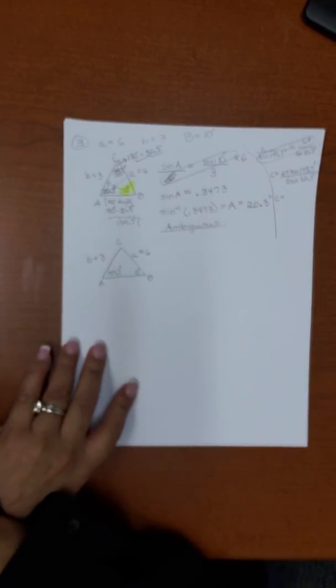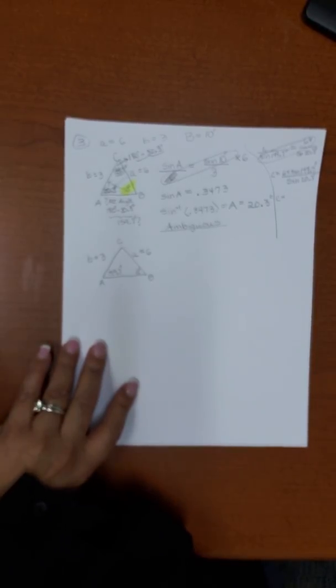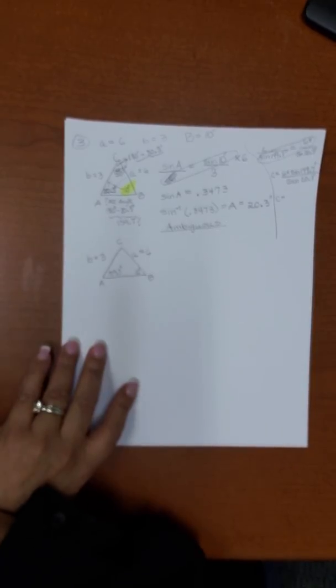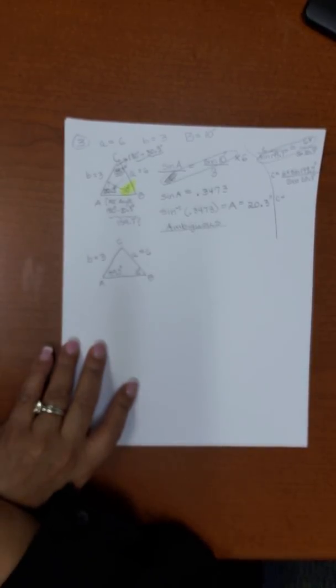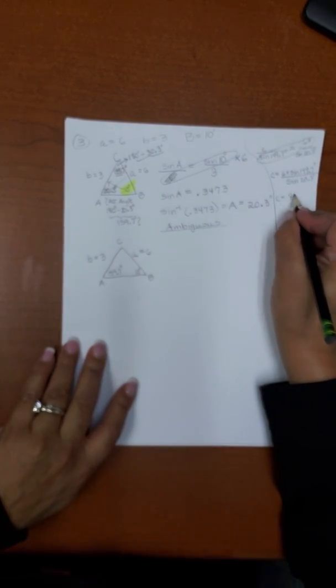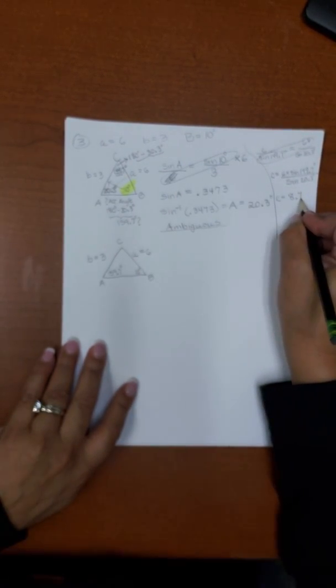Press that in again. 6 times sine of 149.7. That answer divided by sine of 20.3. So for this, I got 8.7.